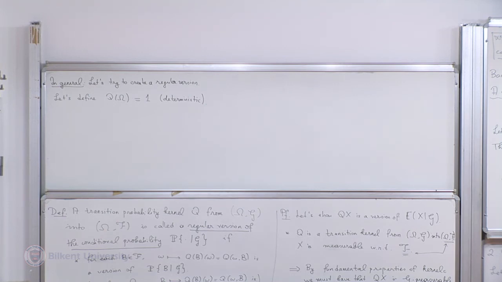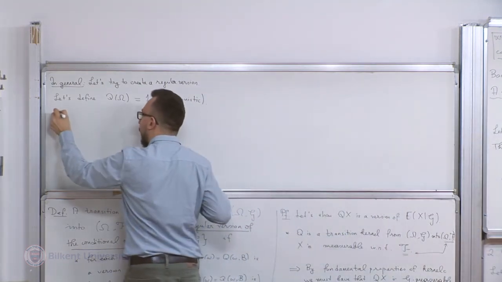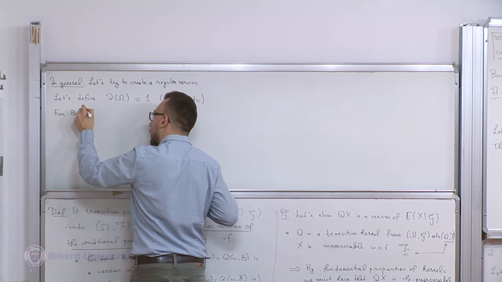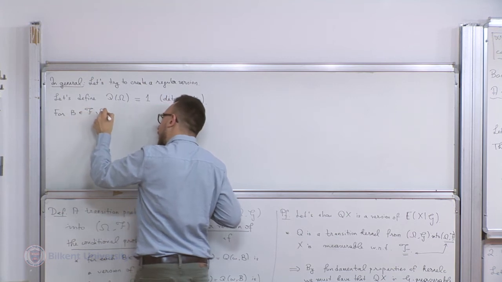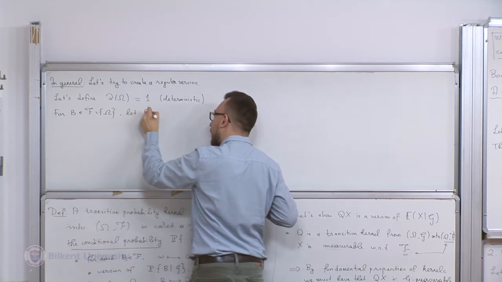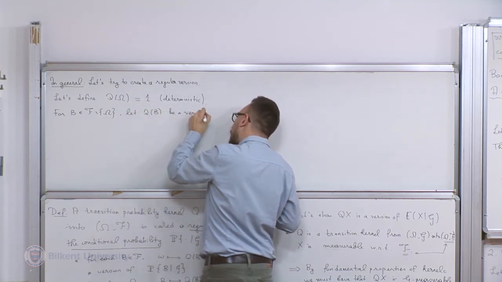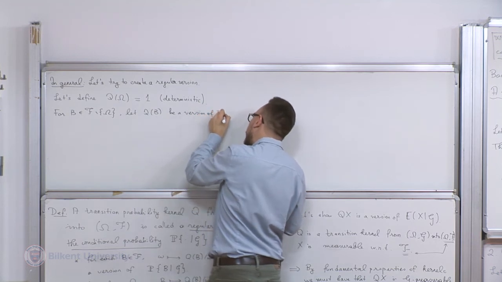Let's pick it as a deterministic value. And for B in F, but the full set, because we're done with the full set, let Q of B be a version of probability of B given G.